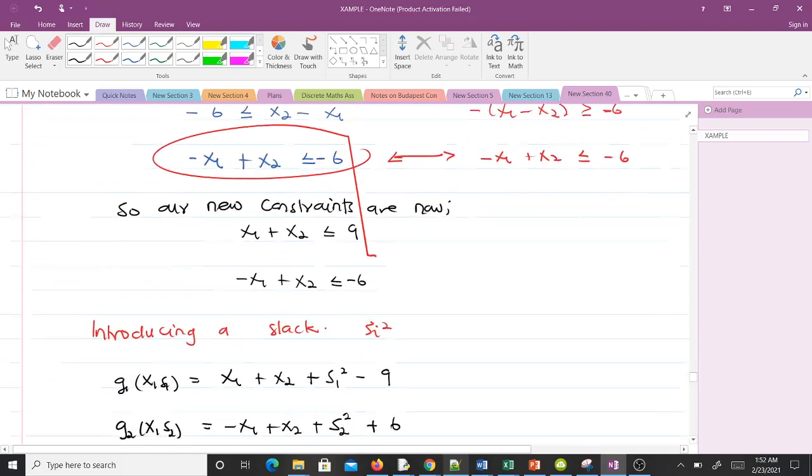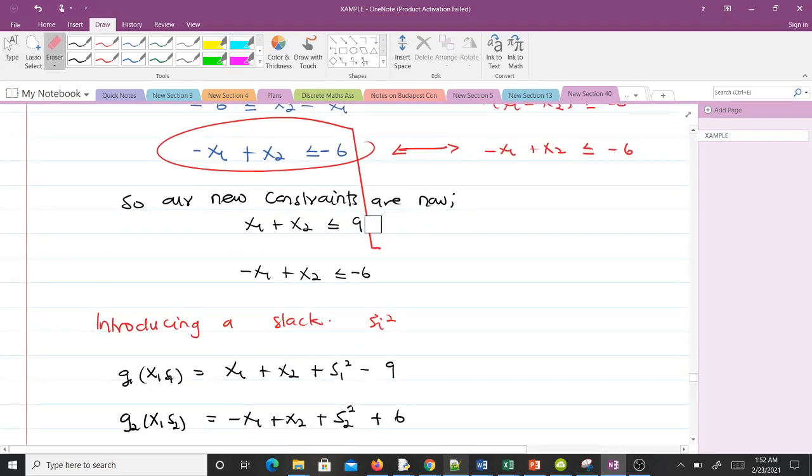So that means now our new constraint will be x1 plus x2 less than or equal to 9 and negative x1 plus x2 less than or equal to negative 6. So that means now we can solve our problem because we have the inequalities all being in that form. So we then try to change our inequality constraint to an equality constraint by introducing a slack.